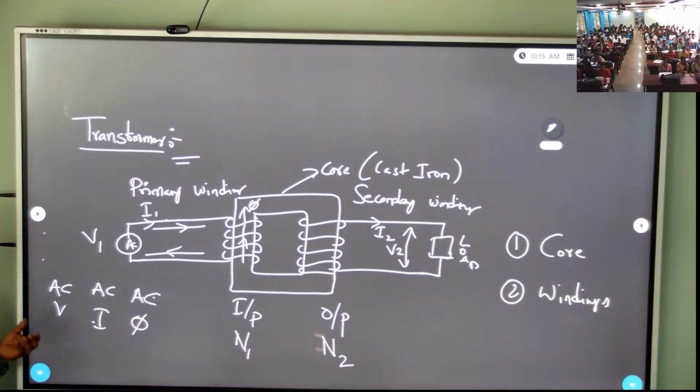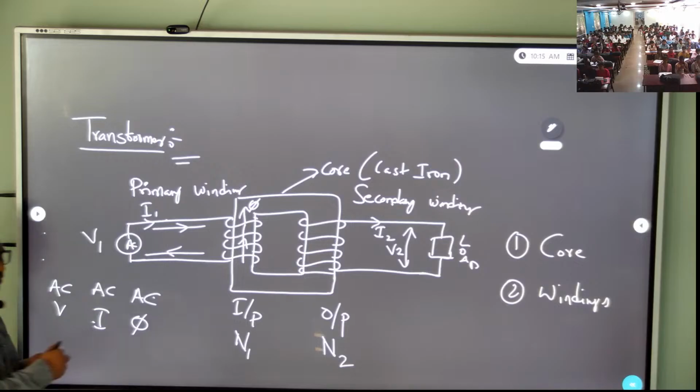Whenever I apply the alternating voltage, because the circuit is closed, alternating current will flow in the winding, and this winding is wound around the iron piece. So an alternating flux, not a direct current flux, is established in the core.